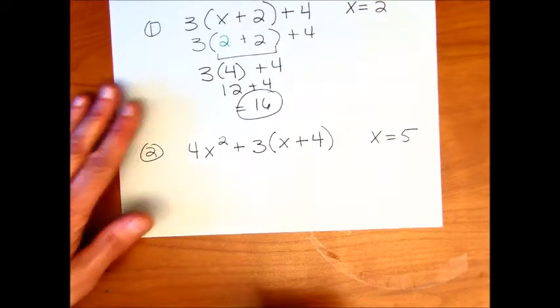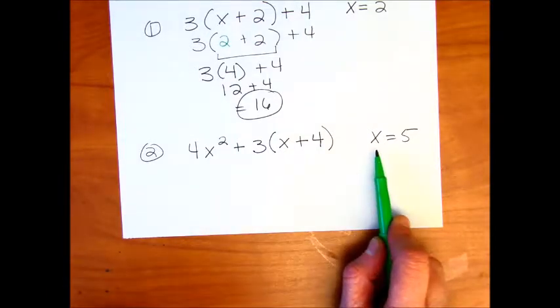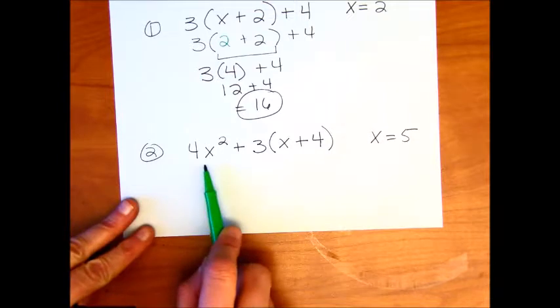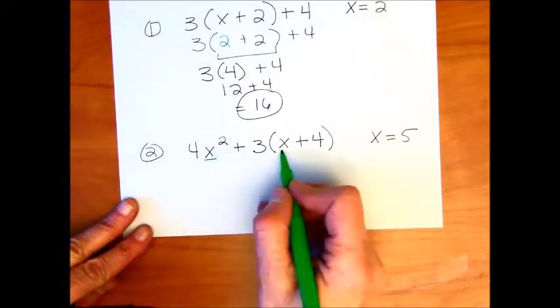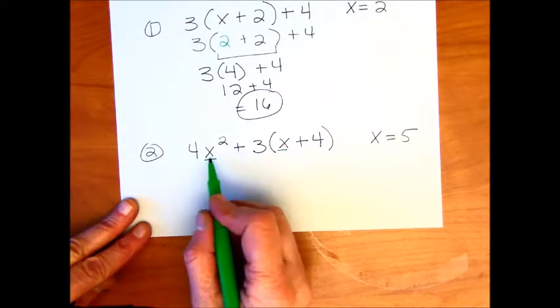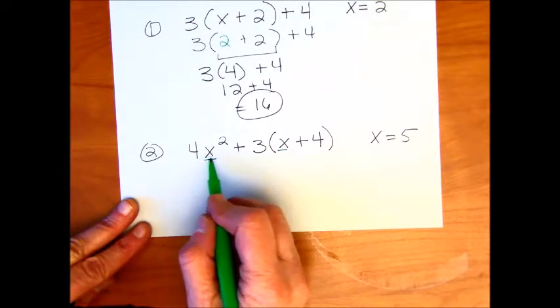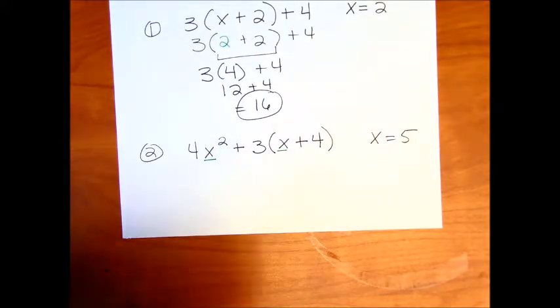I'm just kind of making it up. Now, notice that I have the value of one variable, and I have 2 places to substitute. This one happens to be squared, and this one is not squared. So when I rewrite this, I'm going to write 5, but I have to include that exponent.